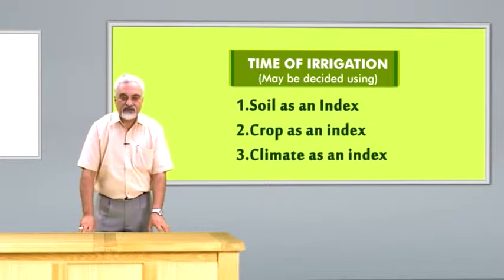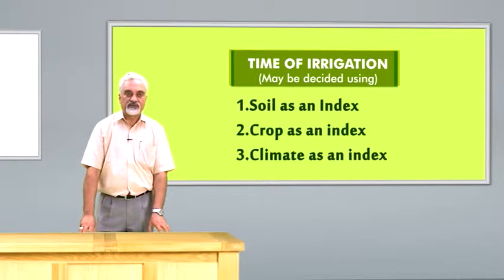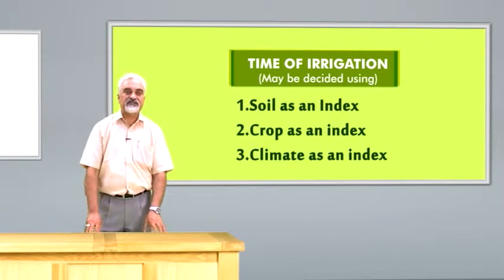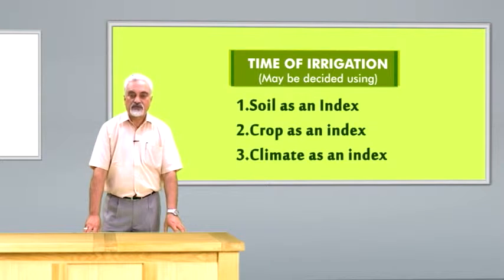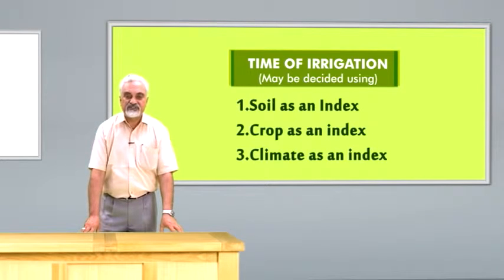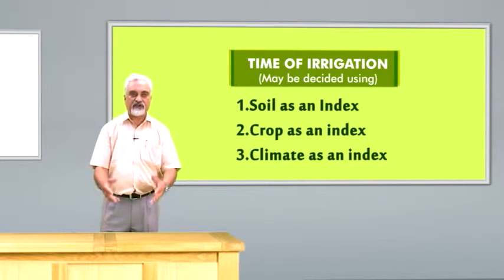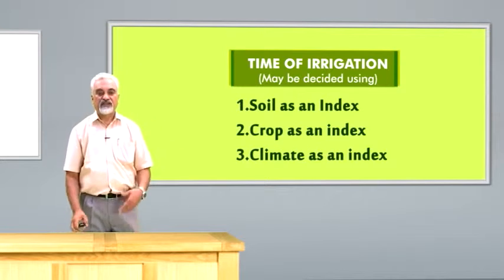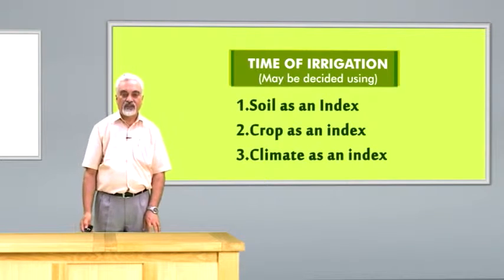Similarly, the IW/CPE ratio, that is the irrigation water depth to cumulative pan evaporation ratio, has also been very successfully used to time the irrigation, and the irrigation is applied when a prefixed IW/CPE ratio for a given crop, depending on the climatic conditions of course, is reached.